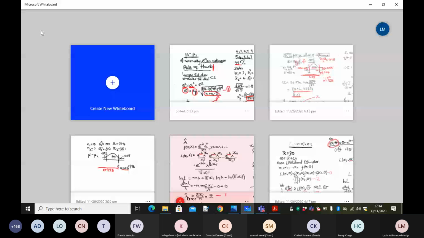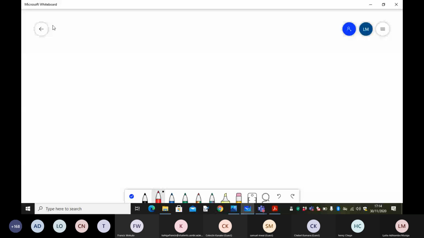For the third case, we consider populations which are normally distributed, but standard deviations are not assumed to be equal.